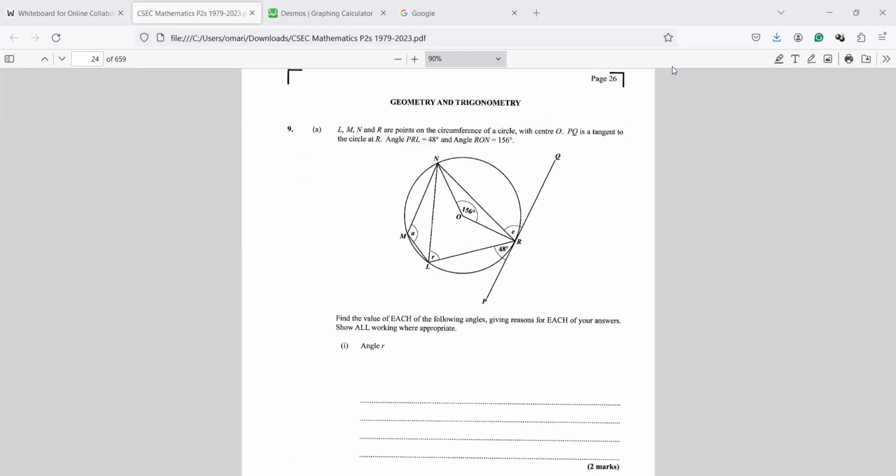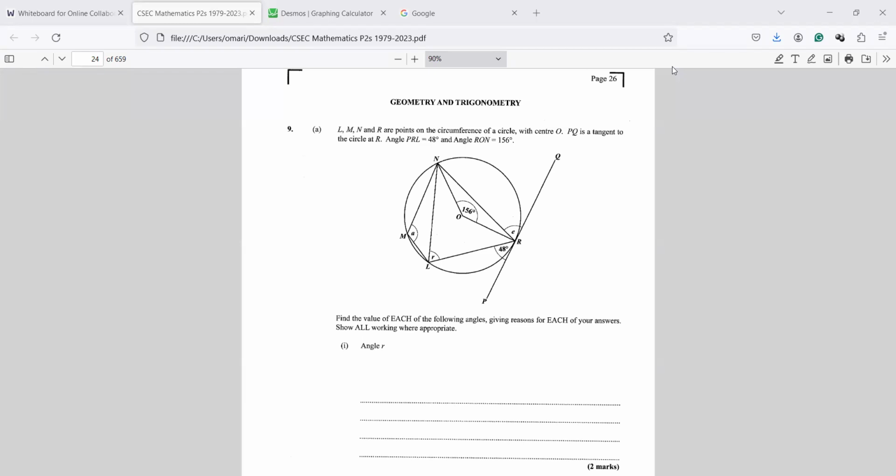So PQ is a tangent. That means that it's a line that touches only one point on a circle, right? And that point that it touches is R. It says angle PRL is equal to 48 degrees. Whenever they give you an angle in that format with 3 letters, then the angle is always at the middle letter.